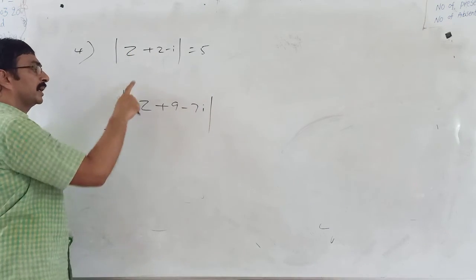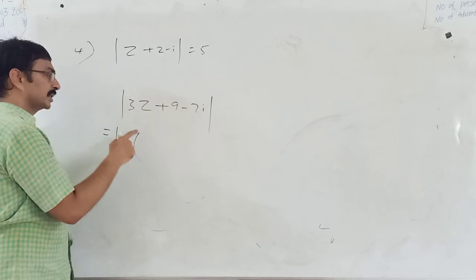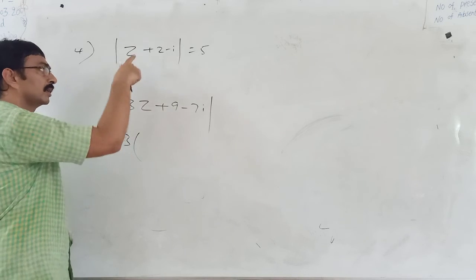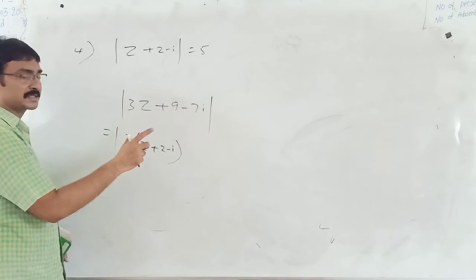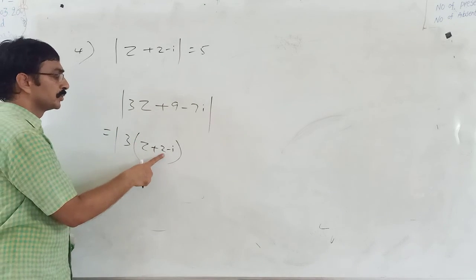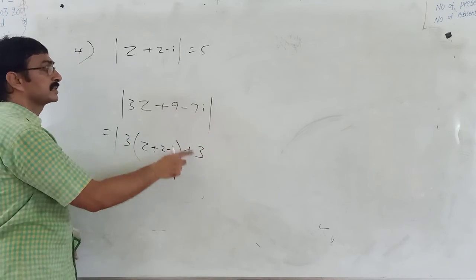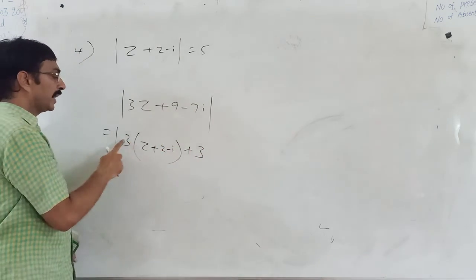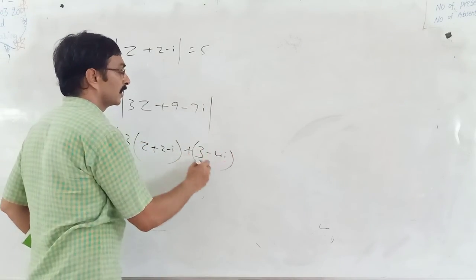The first term is z, but here it is 3z. So for utility, what we do is first write 3 times this one. Now let us balance it. 3z. Okay. 3 into 2 is 6, but there is 9, therefore plus 3. 6 plus 3 is 9. The minus 3i, but there is minus 7i, therefore minus 4i.